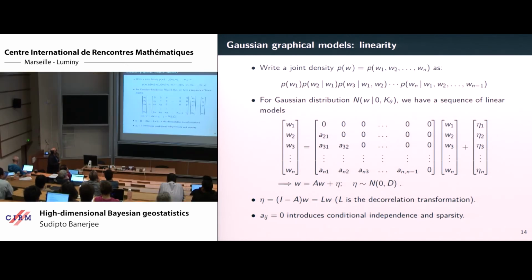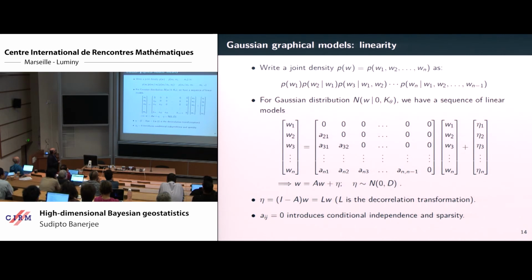And it's quite nice because you have this eta, which essentially is (I minus A) times W. L is I minus A, which is lower triangular, and look what it does. L is essentially the decorrelation transformation. In other words, it makes this decorrelated.